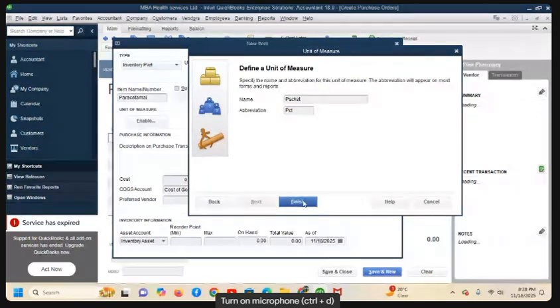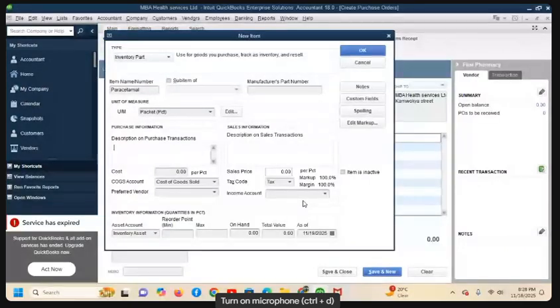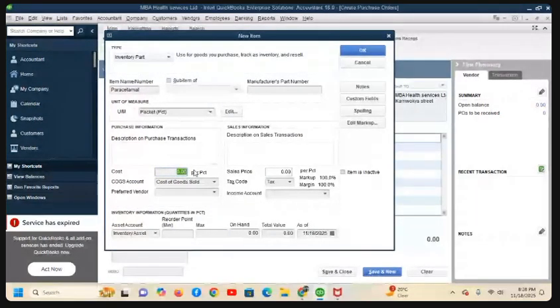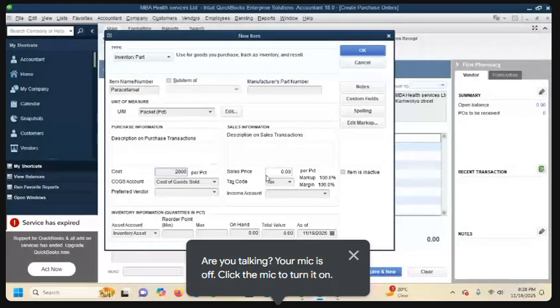Then finish. When I finish entering the packet, it will ask for the cost of one packet. Maybe we say the cost of a packet is 2,000.